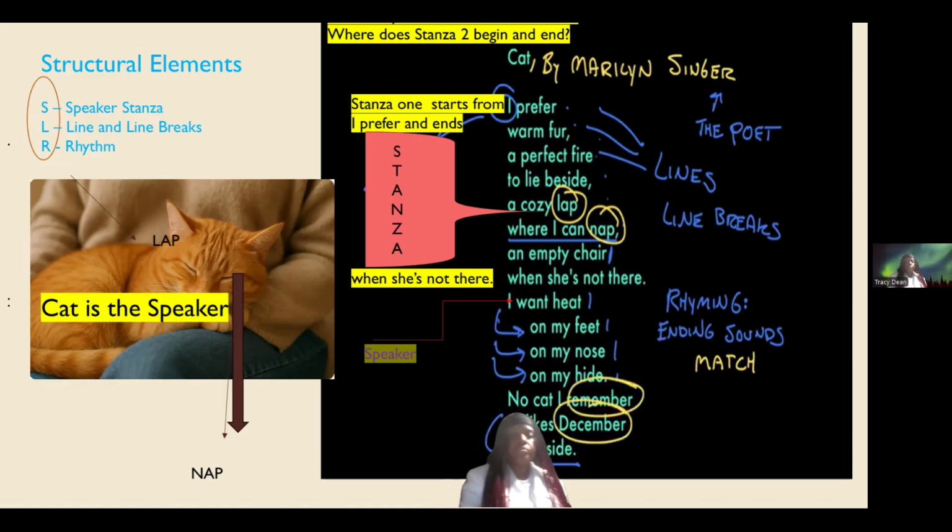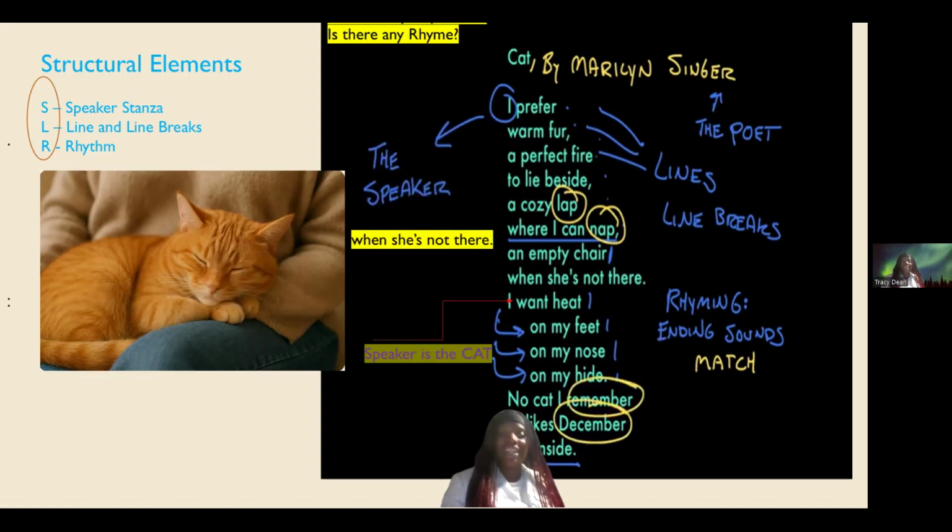Now, there's a lot more lines in this poem, but I want to make sure we can identify the lines in the poem. Here's all the things that we're going to be able to identify, but we'll do them on the next slide. Now, who's the speaker?